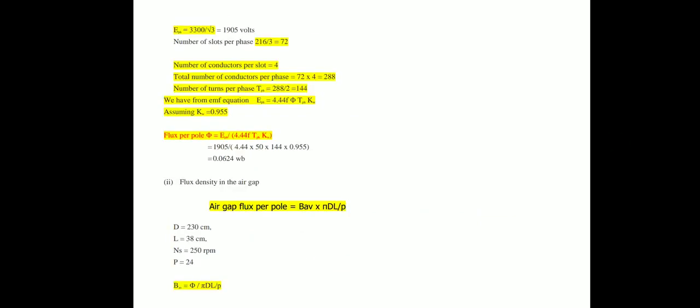For the solution, we start from flux per pole. E phase is equal to 3300 upon root 3 is equal to 1905 volts. Number of slots per phase is equal to 216 upon 3 is equal to 72, as we are dealing with a 3-phase example, so we have to divide it by 3.